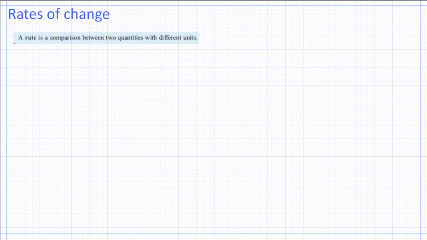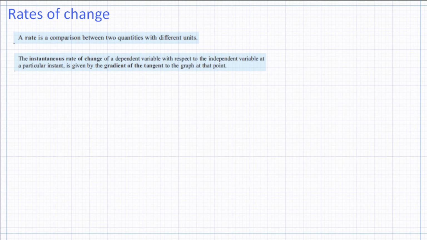So, a rate is a comparison between two quantities with different units, as we have described before. And when we're talking about our rate of change, specifically our instantaneous rate of change, it's given by the gradient of the tangent to the graph at that point.